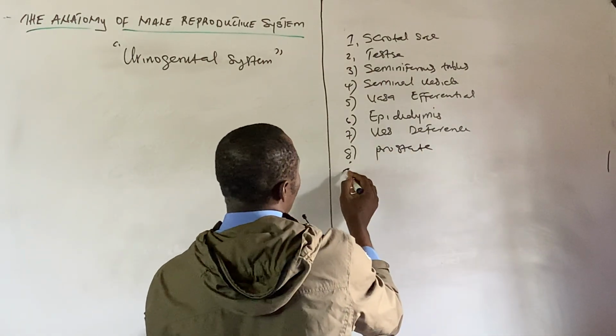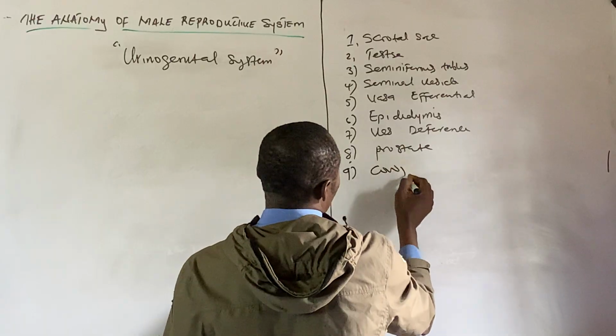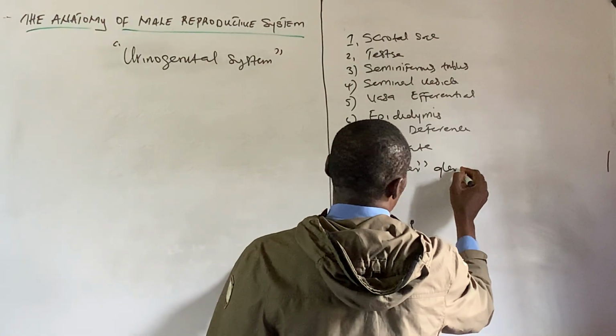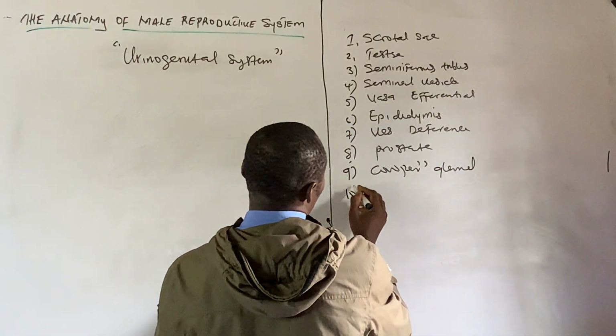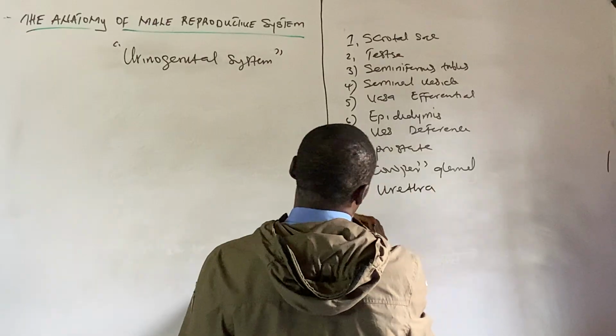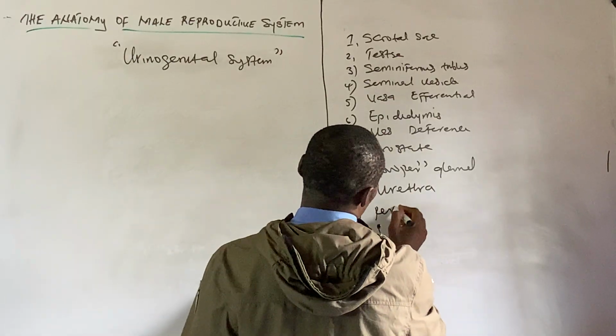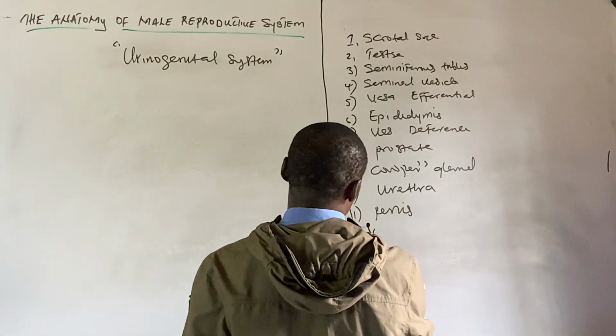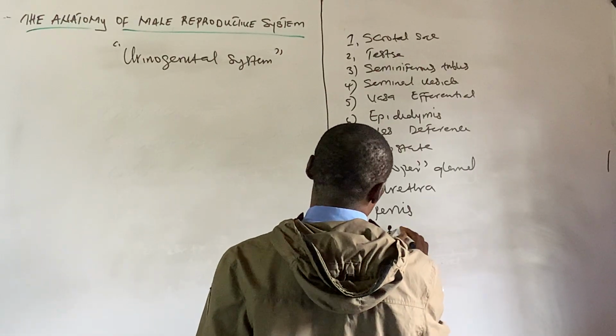The ninth is the Cowper's gland. The 10th is the urethra. The 11th is the penis. And the 12th is the ejaculatory duct.